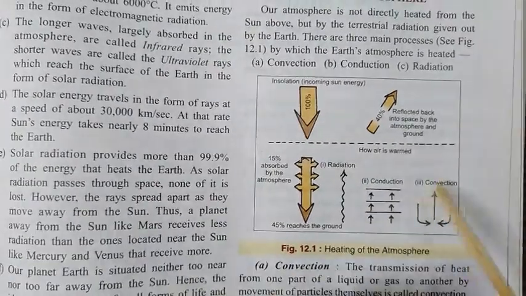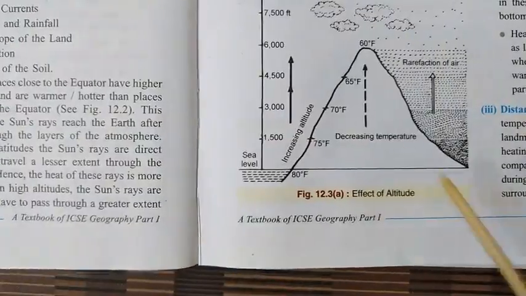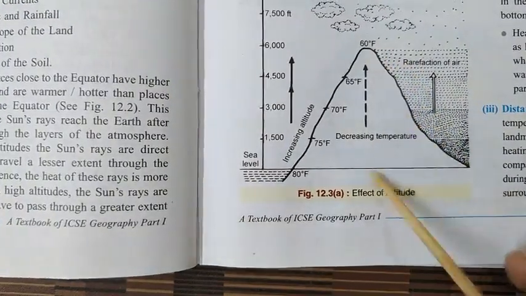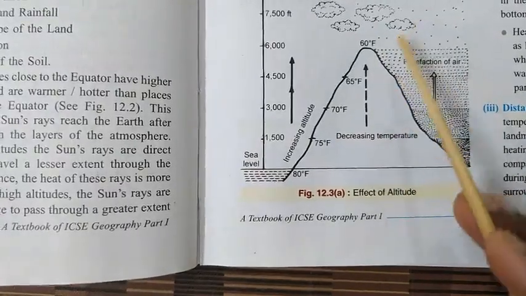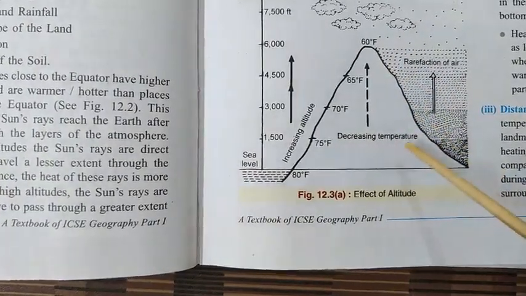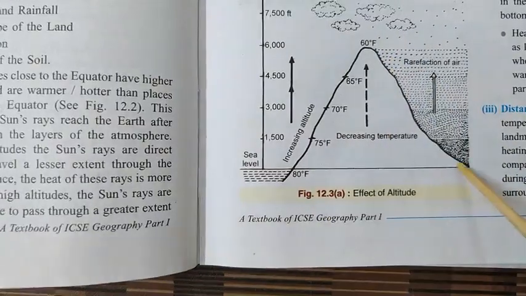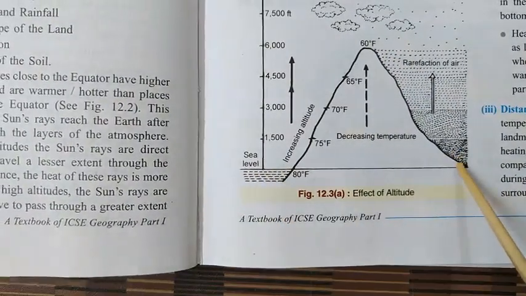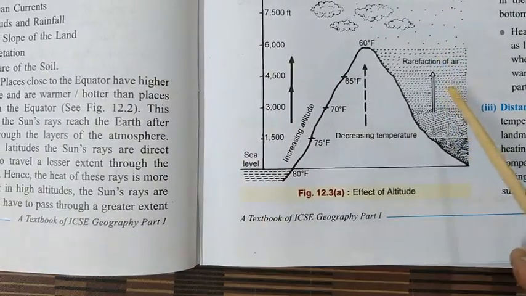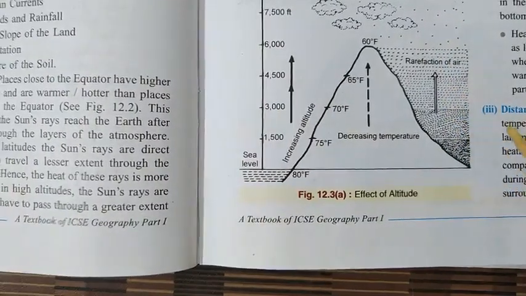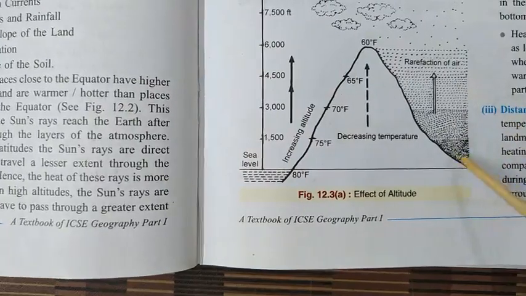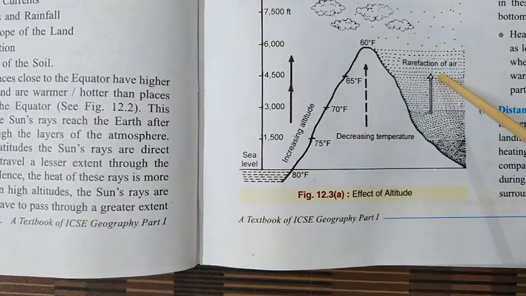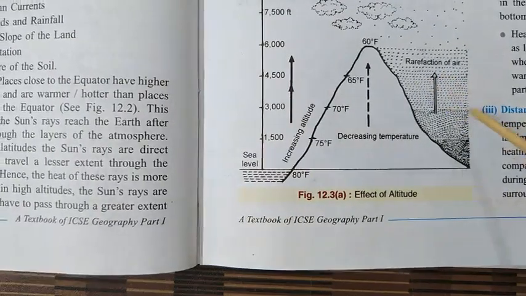Because of this principle, the higher altitudes are far from the earth's surface, and the heat travels from down to up, and that's why the temperature keeps on decreasing, right? So I hope all of you understood.